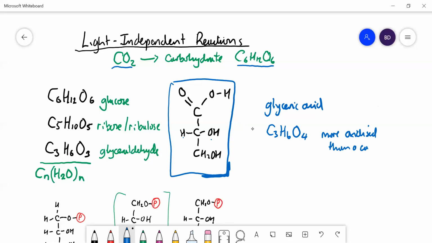This is glyceric acid. If I knock off a hydrogen there, it behaves as an acid, and it's now called glycerate.